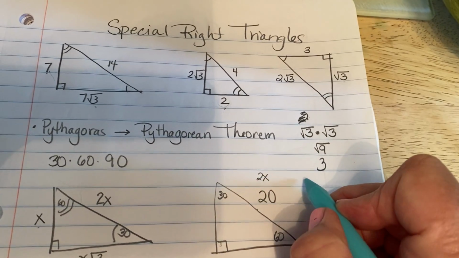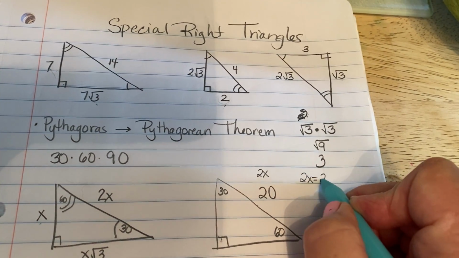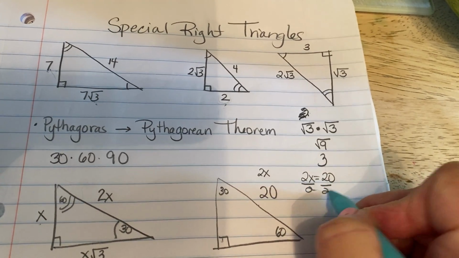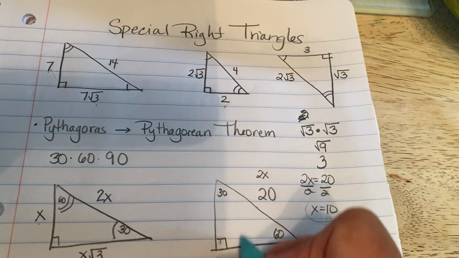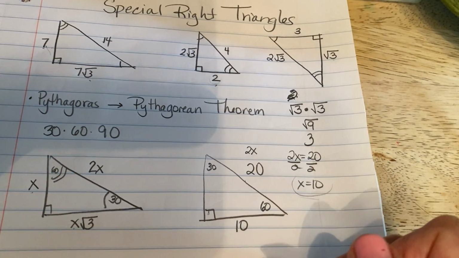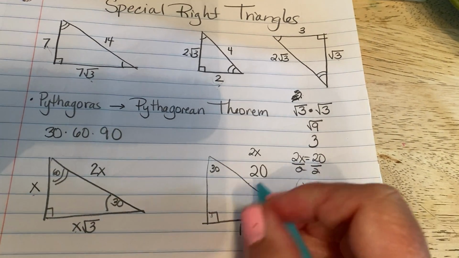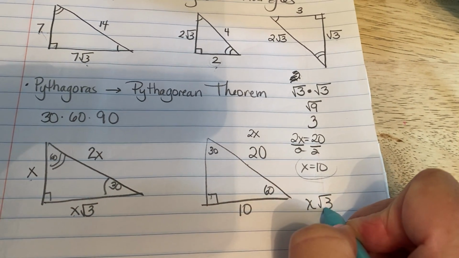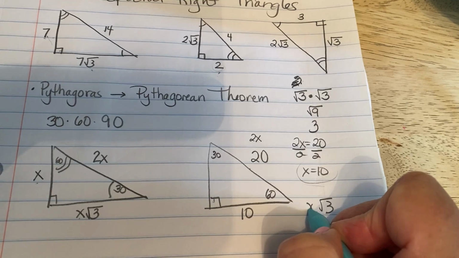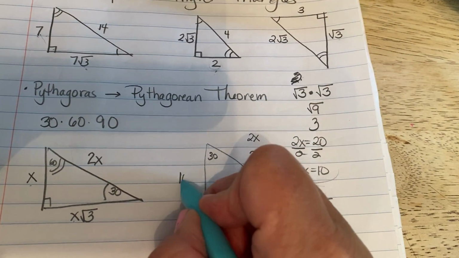Can I find x? Yes, 2x equals 20. So x is 10. So that's my basic measure. 10 is across from the 30. And then this measure across from the 60 is x times the square root of 3. So I have 10 times the square root of 3 is this measure.